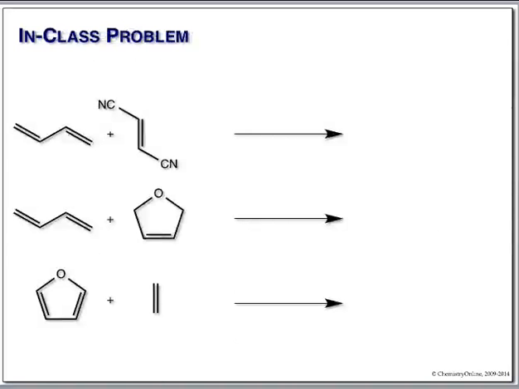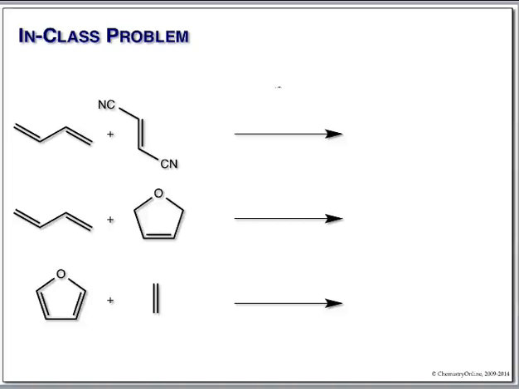The stereochemistry of the dienophile is preserved. So here we have trans stereochemistry. That means in our product, we will have trans nitrile groups.